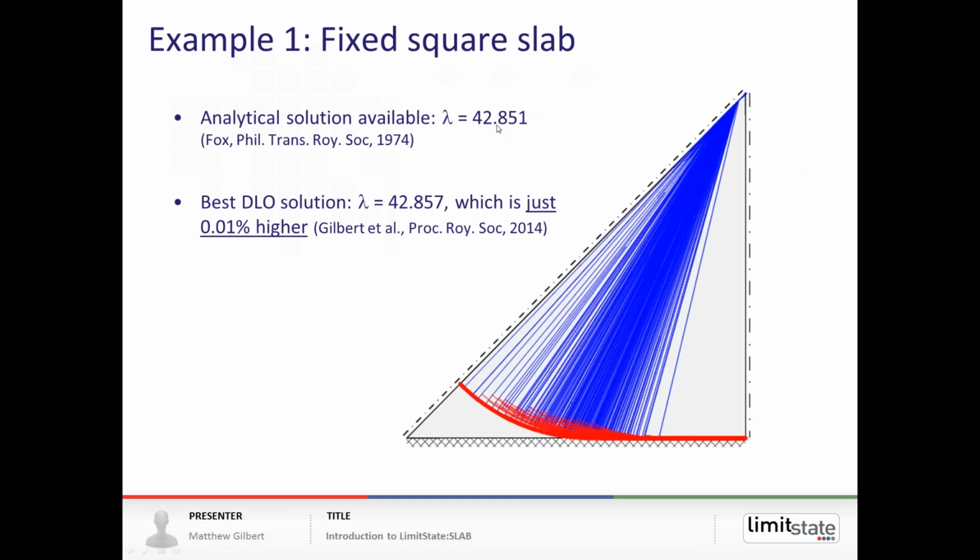The load factor is 42.851, and that was derived in the early 70s. With the method that we use, called discontinuity layout optimization, DLO, we came up with a very close approximation of that number, 42.857, which is just 0.01% higher. And that work was published in a Proceedings of the Royal Society paper last year.